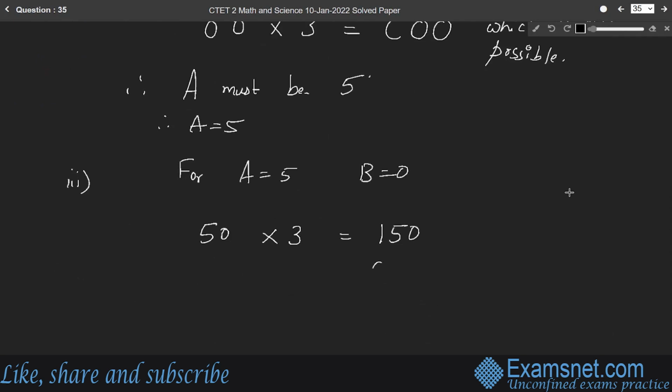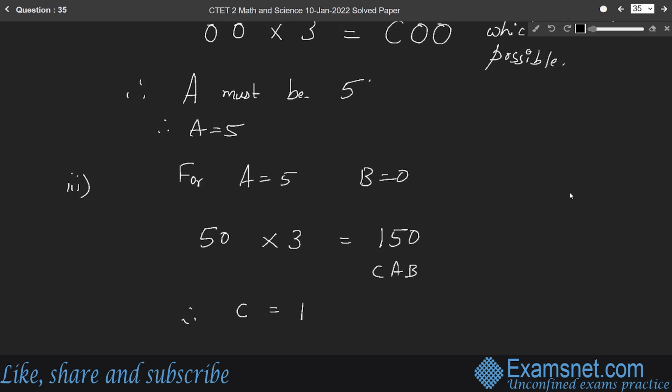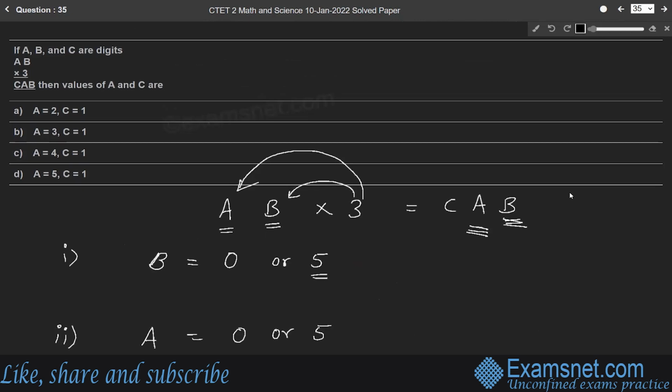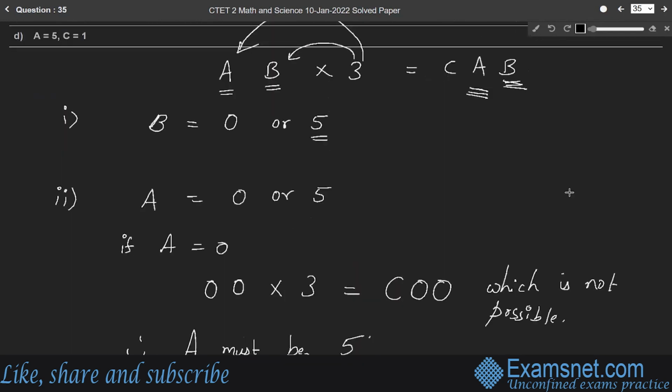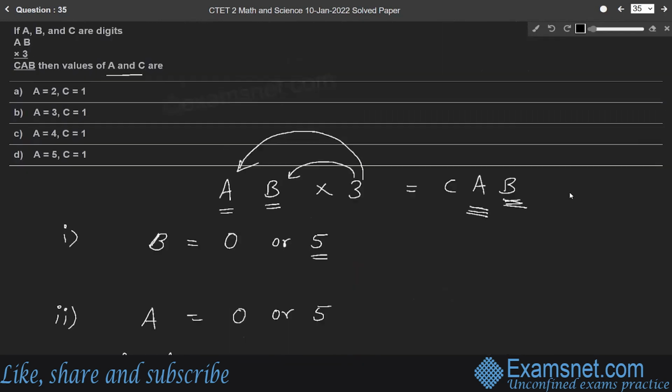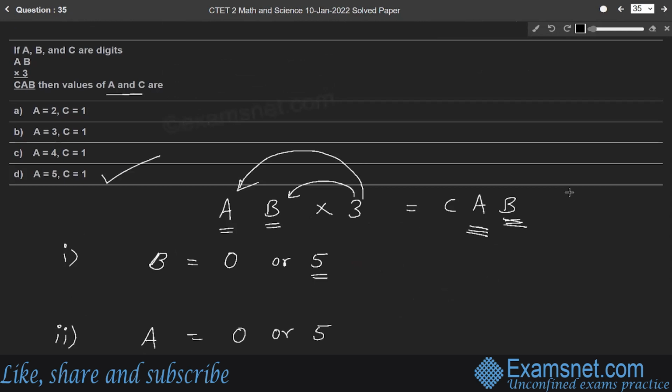So the value of C is 1. Therefore, C is equal to 1. What is asked in the question? The values of A and C. So here A is equal to 5, C is equal to 1. Therefore, option D is the right answer.